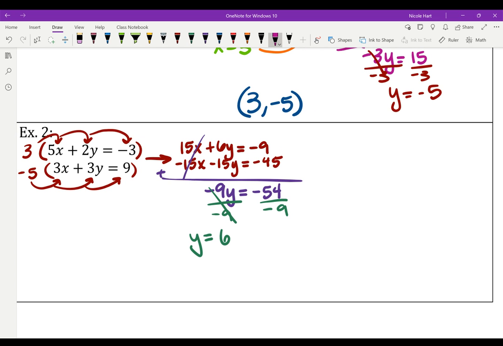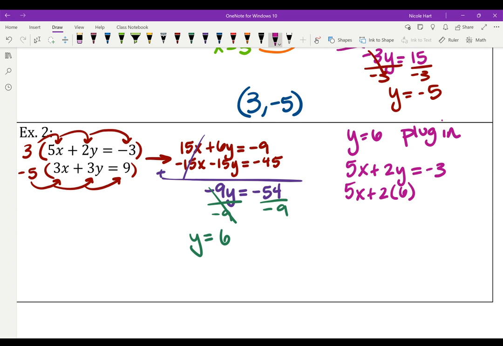We plug this back into either original equation. I'm going to go with the top one. At this point, I'm going to have to do a lot of multiplication and division, so it doesn't matter. So 5x plus 2y equals negative 3. So we replace the y: 5x plus 2 times 6 equals negative 3. 2 times 6 is 12.